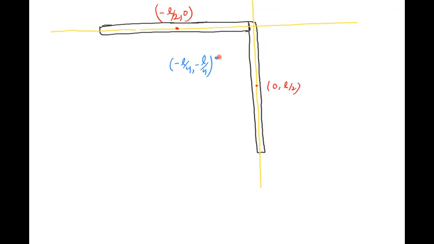No बच्चा, minus L by 4, this is 0 comma minus L by 4.